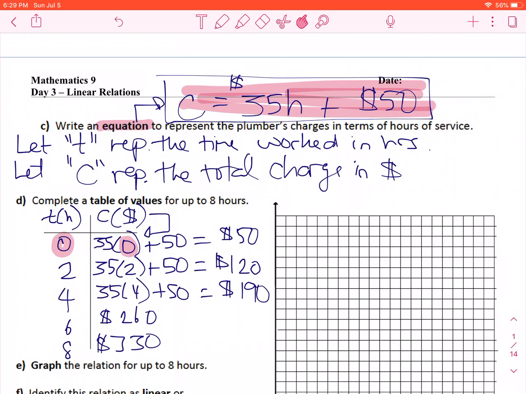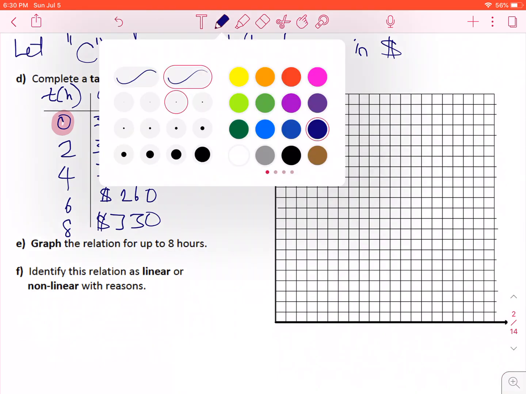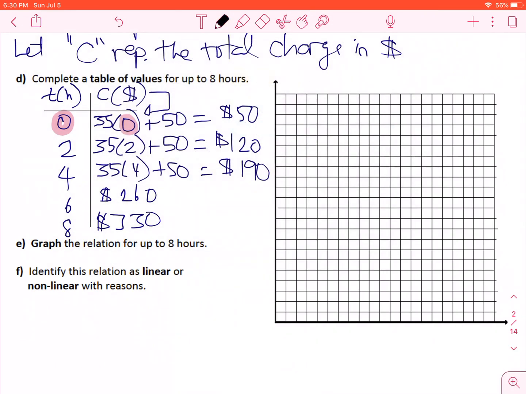All right, so now in terms of graphing, we'd have to make sure that we label our axes. This is going to be our independent axis, so time in hours. Because I have a lot of space, I'm going to go every 2 boxes represents 1 hour. 3, 4, 5, 6, 7, 8.